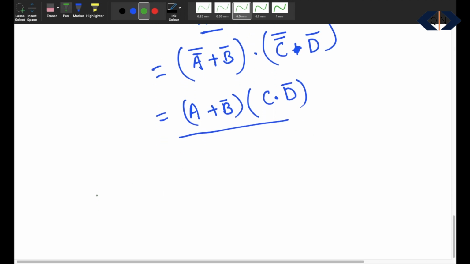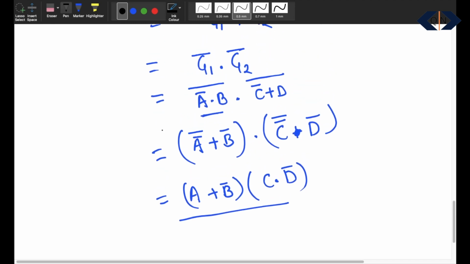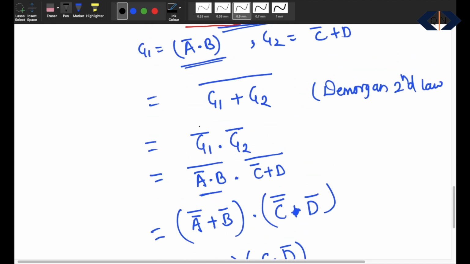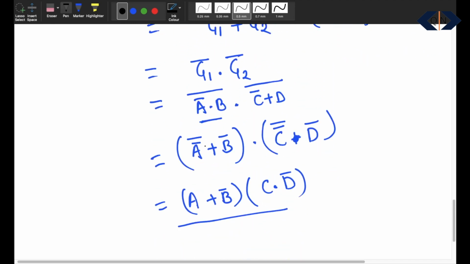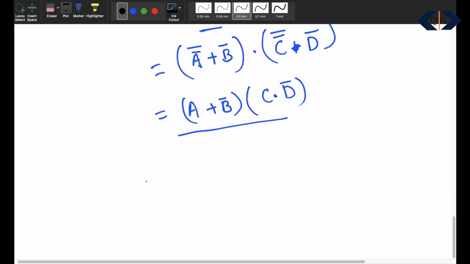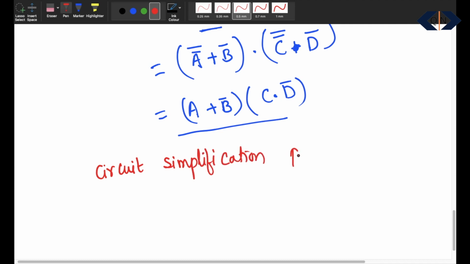We will see more of the simplification process. I know this was slightly easier because it is just four variables, but there might be four or five or six variables next time, so we will see accordingly. In the next video we will be describing the circuit simplification process.